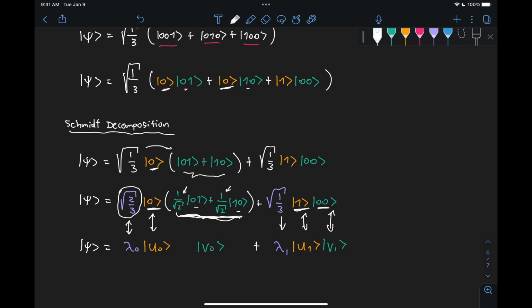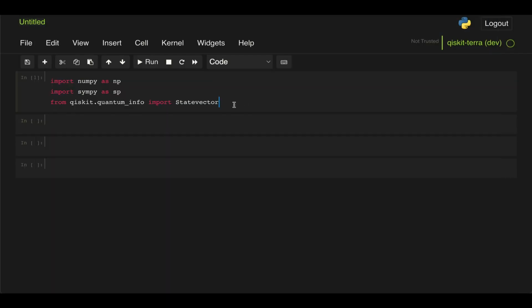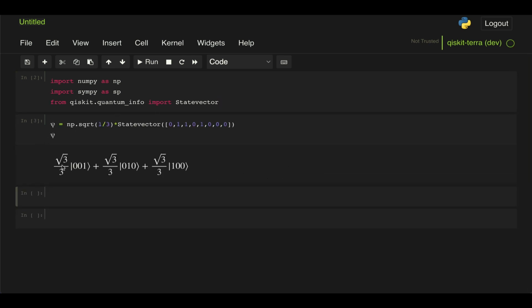So now let's follow the procedure that we described to extract the Schmidt decomposition for this state. I want to do this in Python just because dealing with these matrices can get a little bit tedious. So the first thing I'm going to do is use this StateVector class from Qiskit just to generate a nice visualization of the state that we're interested in.